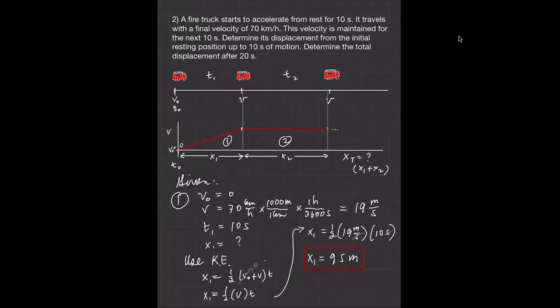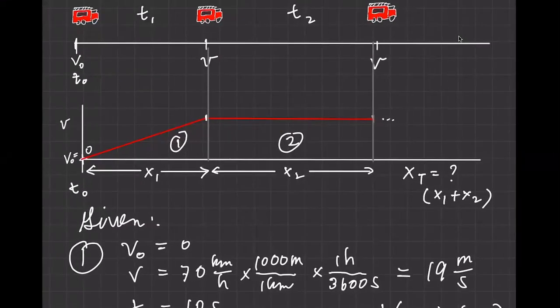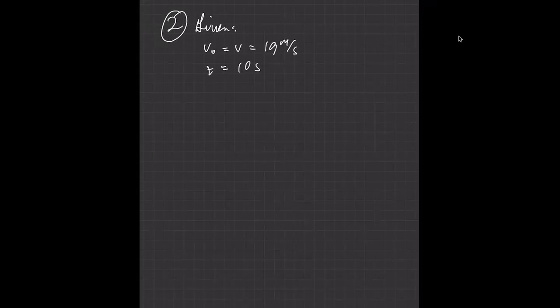Now for segment number 2, if you're going to analyze your graph, you have velocity here and you have velocity here. So if that is your V naught, this is your V final, they are the same. Here you have the given: V naught is equal to V, or the final velocity, which is 19 meters per second. The time is also 10 seconds.